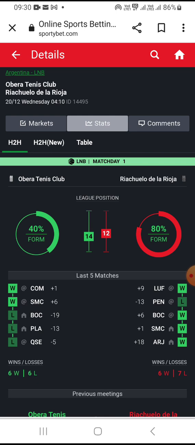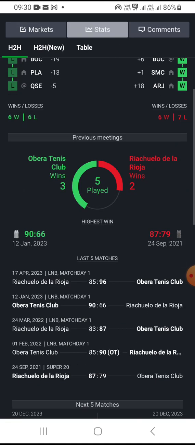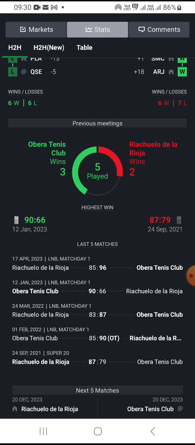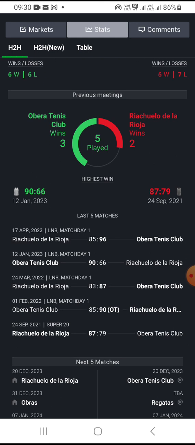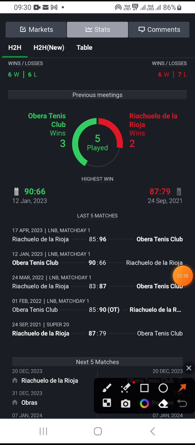So let's use, for example, Obera Tennis Club. Obera Tennis Club have 96 here. You can see. They have 90 here. They have 87. They have 85, and they have 79.